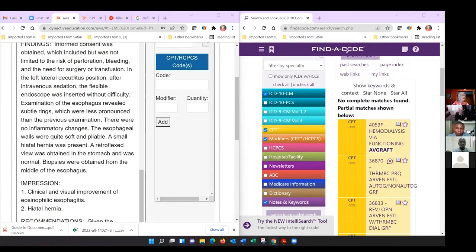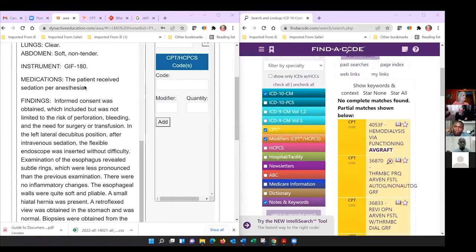In the left lateral decubitus position, after intravenous sedation, the flexible endoscope was inserted without difficulty. So that flexible endoscope right here, that's the GIF 180.